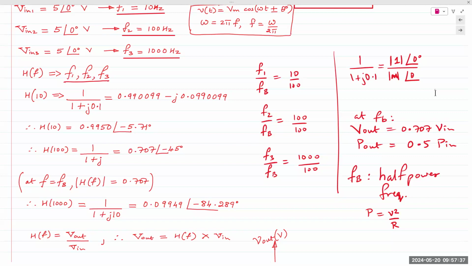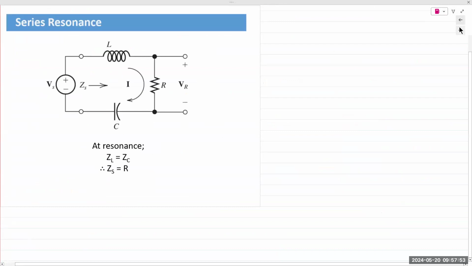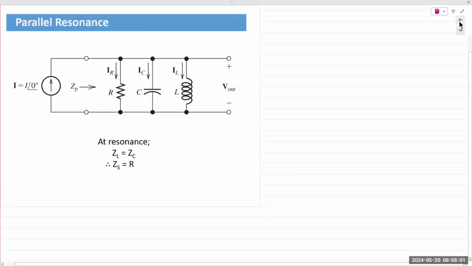I'll introduce the topic of resonant circuits then. These are standard equations for magnitude and phase, just there for quick and easy access, but again, you can look them up later. So resonant circuits: series resonance, and then we also have parallel resonance.